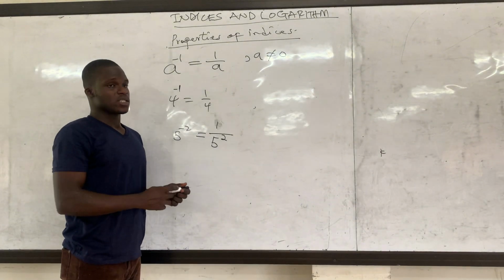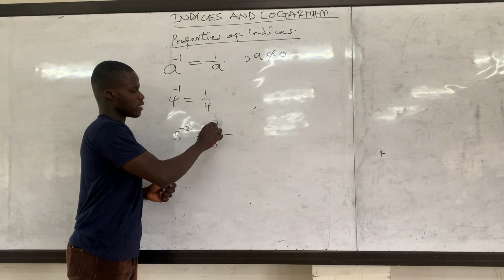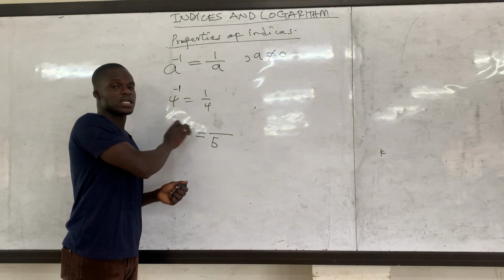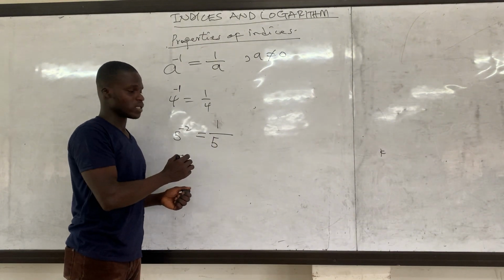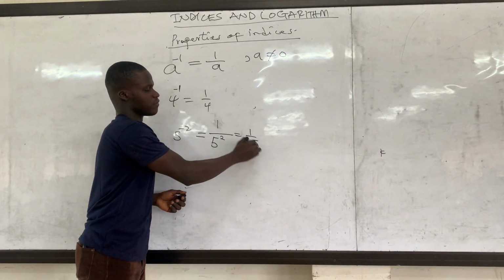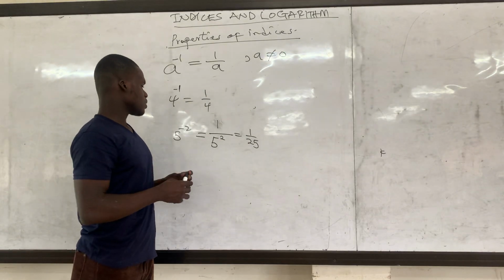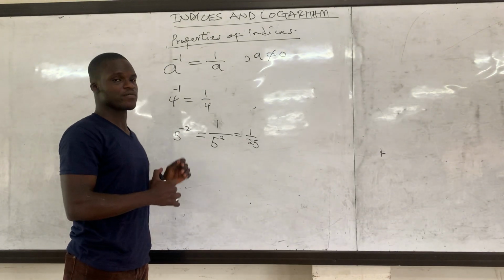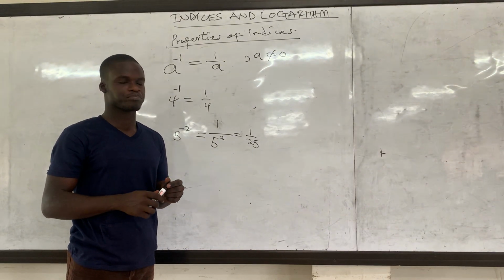It doesn't mean that we write the 2 at the top. No, that's not what it is. Due to the negative exponent, you write 1 here, then over 5 squared, which is the same as 1 over 25. So the answer for 1 over 25 is the same as that of 5 exponent -2.